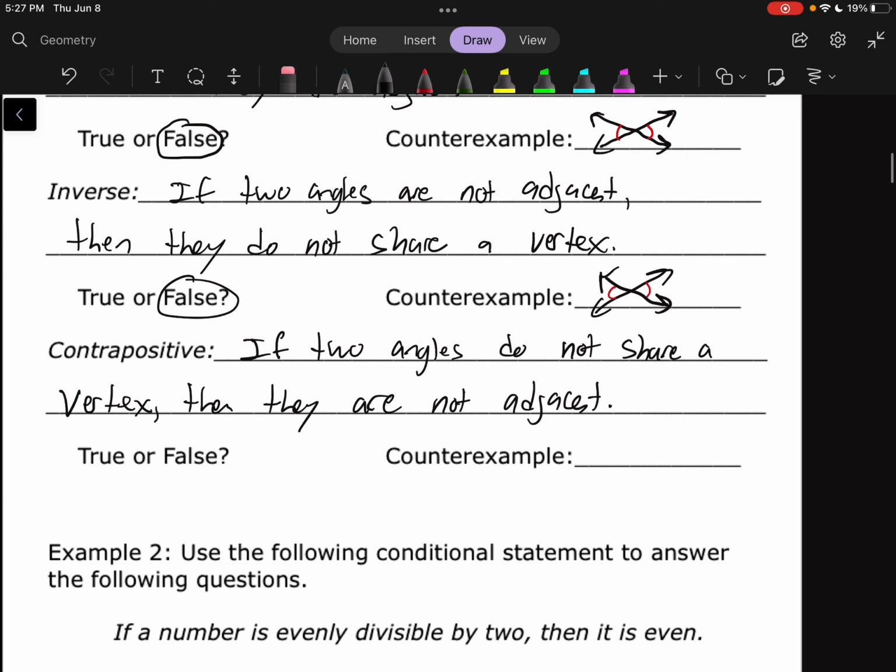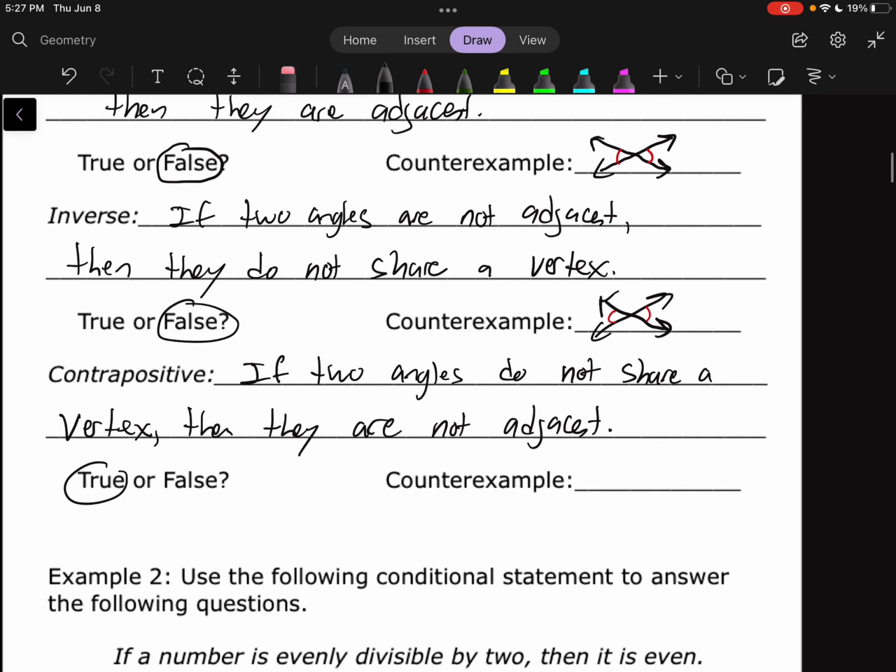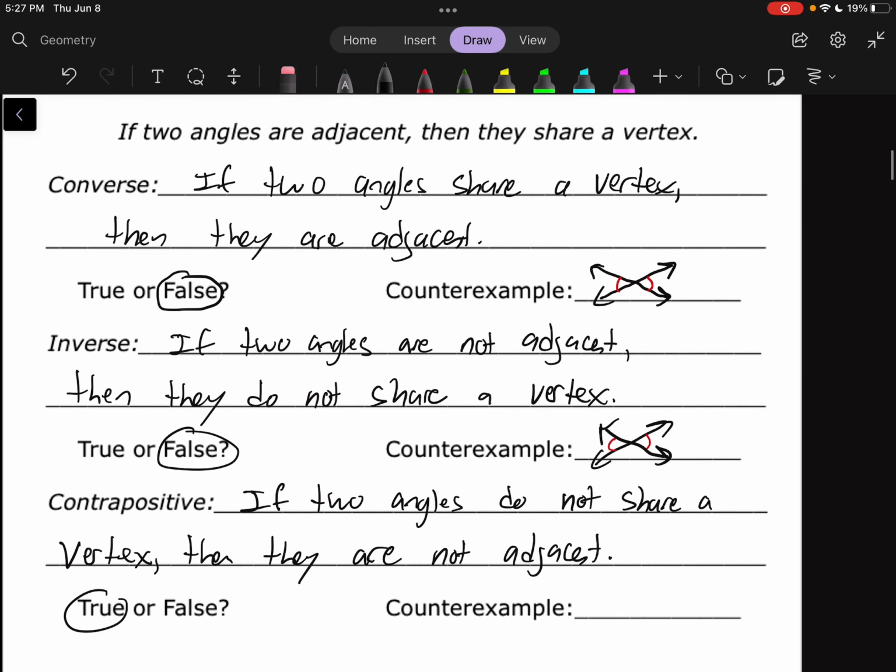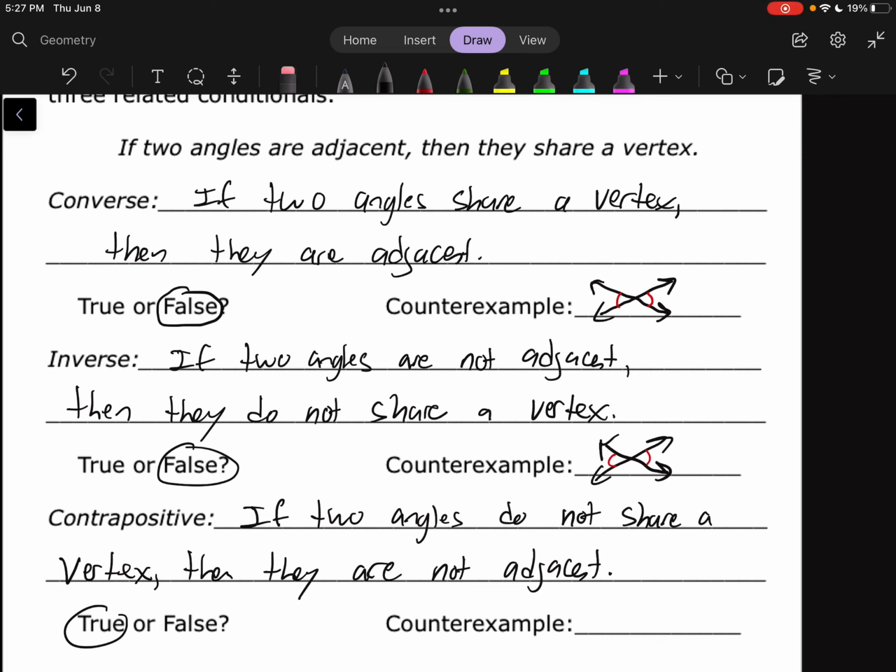Oops, sorry. And that one is going to be true. If they don't share a vertex, it's impossible for them to be adjacent. So that last one's true. So this is a case where the original statement was true, the contrapositive was true, but the converse and inverse were both false.